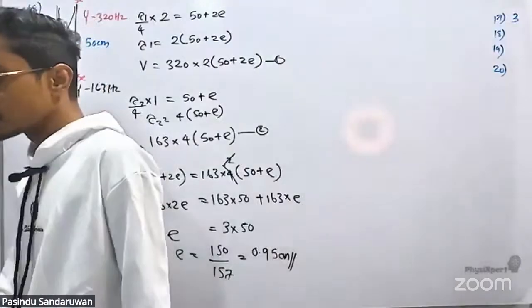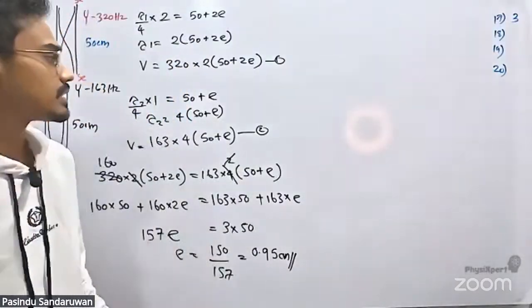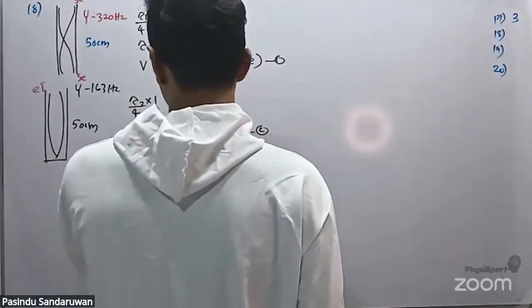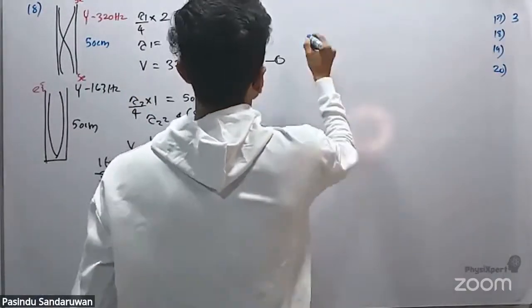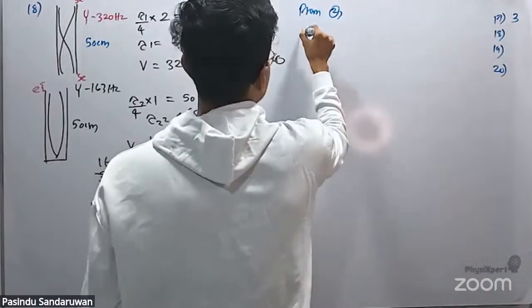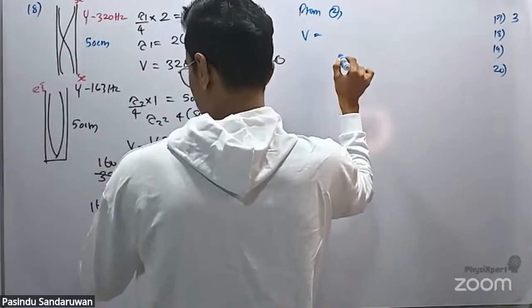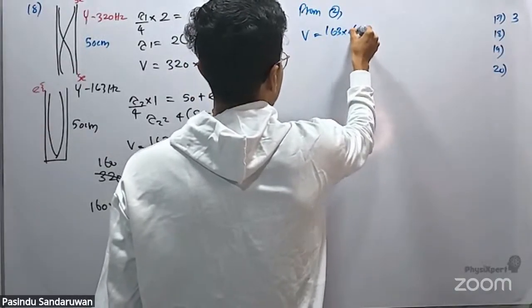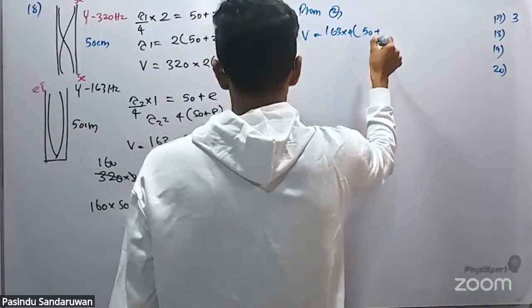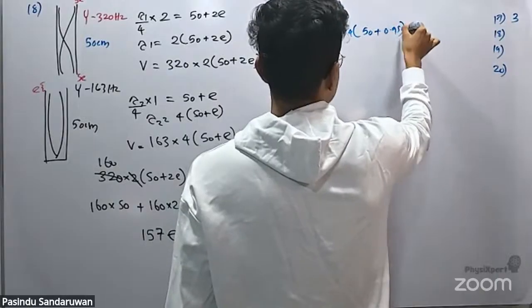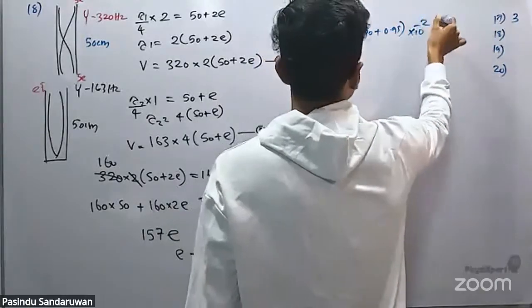Velocity of sound through air can be taken by any of these equations. I'll be choosing 2. From 2, V equals 163 times 4 times 50 plus E. Now E is 0.95, but that is in centimeters. Convert this to meters, 10 to the power minus 2.